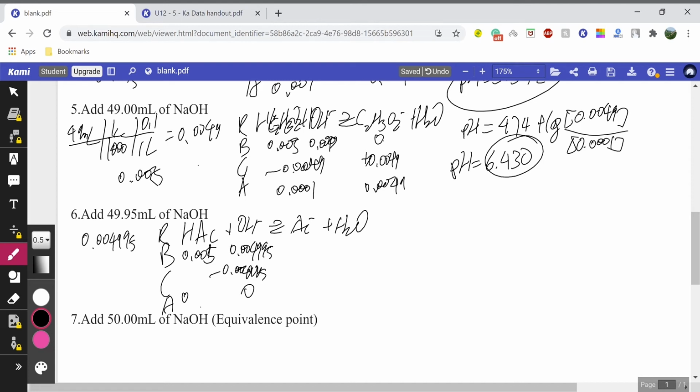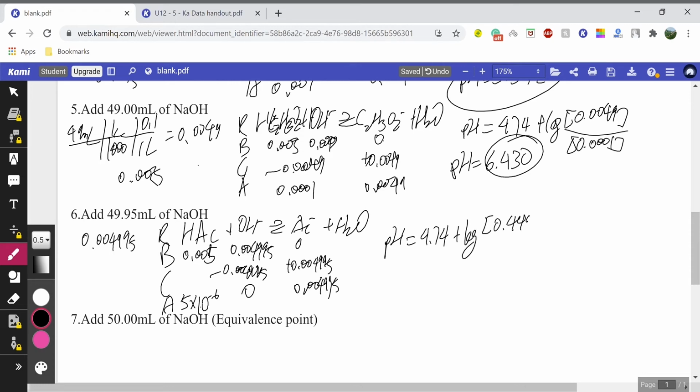It's going to be 5 times 10 to the negative 6th power. This is plus 0.004995, this is 0.004995. So our pH is going to be equal to 4.74 plus the log of 0.004995 divided by, no, shoot, sorry, divided by 5 times 10 to the negative 6.